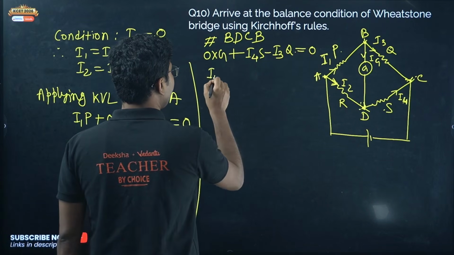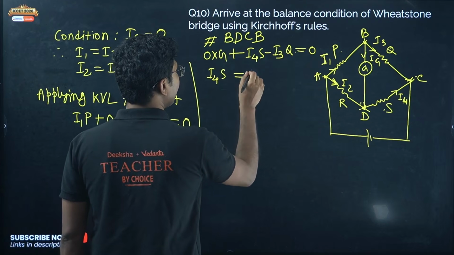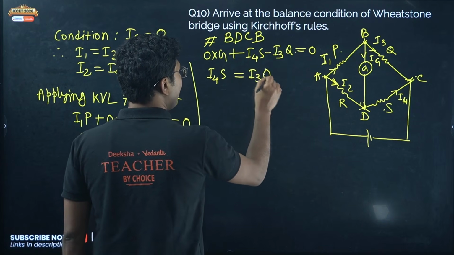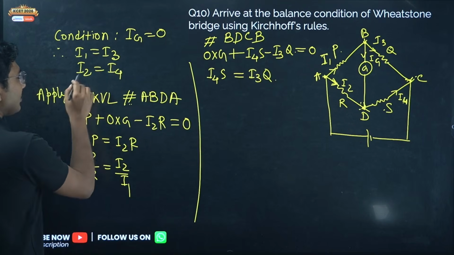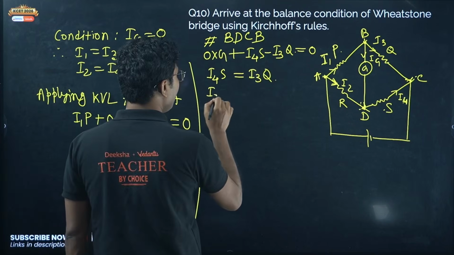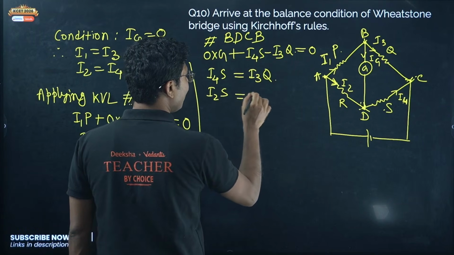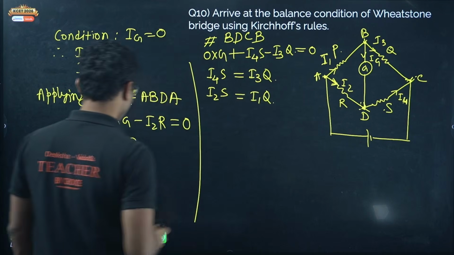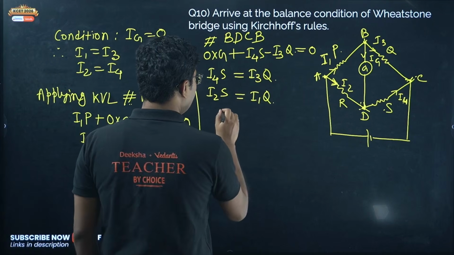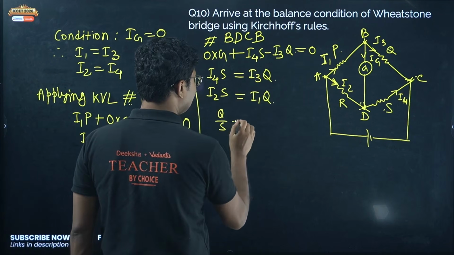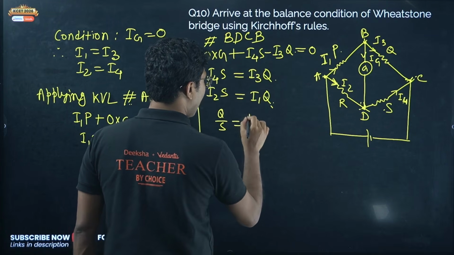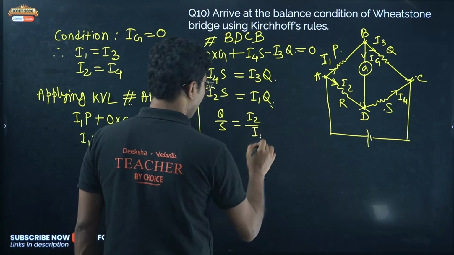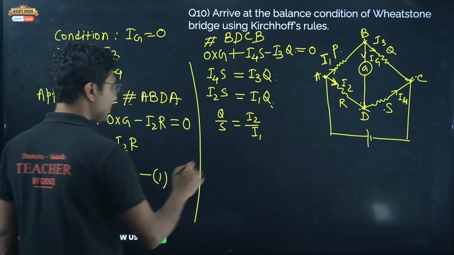So I4S must be equal to I3Q. Now we know that I3 is equal to I1 and I4 equal to I2, so we can write I2S equals I1Q, or Q divided by S equals I2 by I1. This is our equation number 1, this is equation number 2.